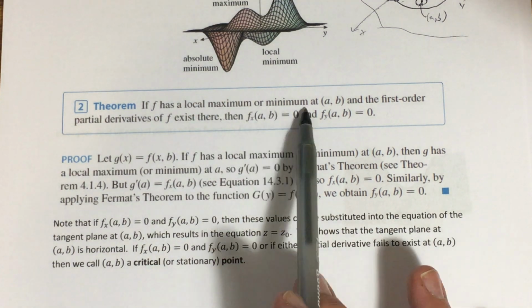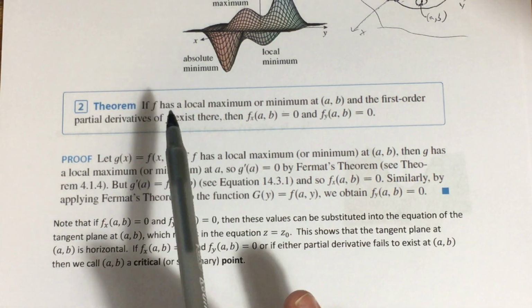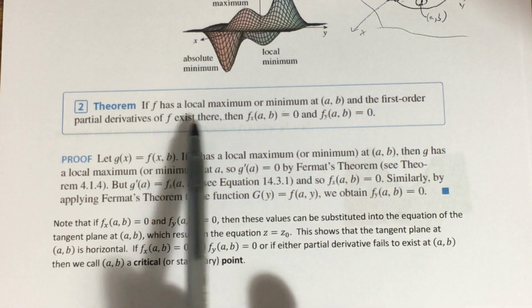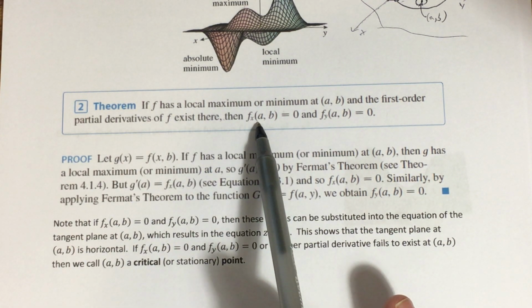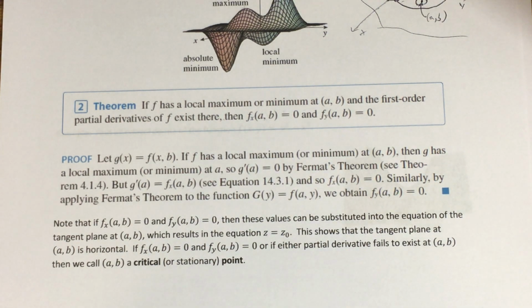If f has a local maximum or minimum at the point (a, b), and the first order partial derivatives of f exist there, then the partial derivative with respect to x and the partial derivative with respect to y at the point (a, b) will both equal 0. Compare this to Fermat's theorem in Calculus 1. If you're looking at a function that is differentiable at a particular value, and if the derivative at that value equals 0, then you have what's called a critical number. And it's at those numbers that local extrema may exist.